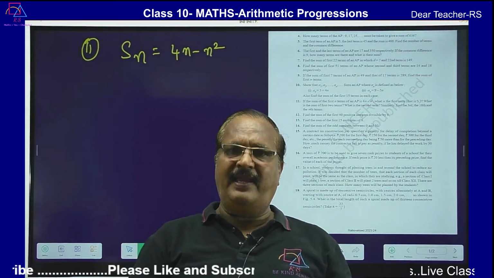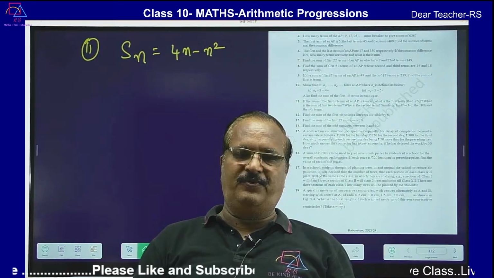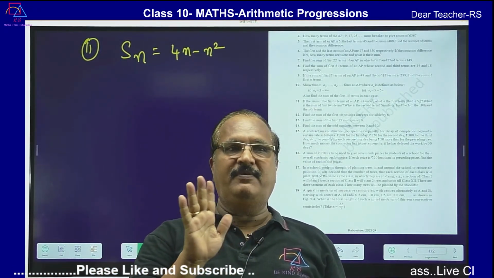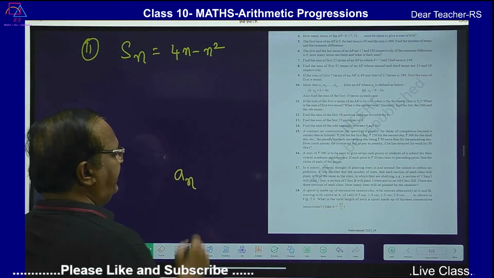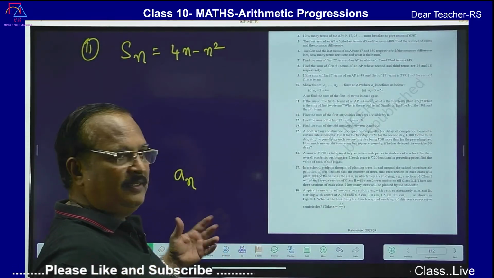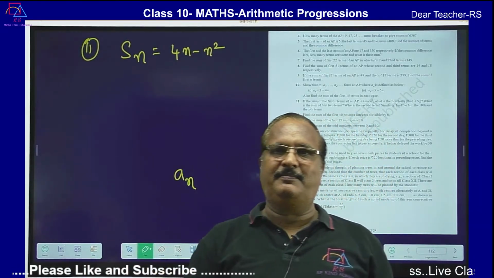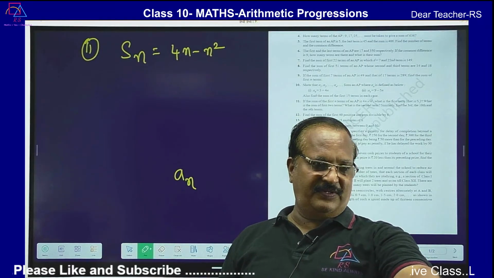Sn like an only. If you are putting n is equal to 1, 2, 3, 4, 5, you will be getting first term, second term, third term, fourth term, fifth term in an. In an, if you are replacing n with some values, 1 first term, 10 10th term, 20 20th term, you can do that also if you want.